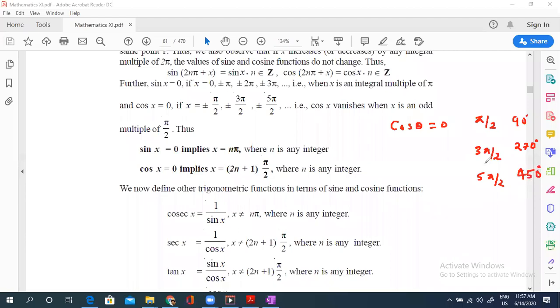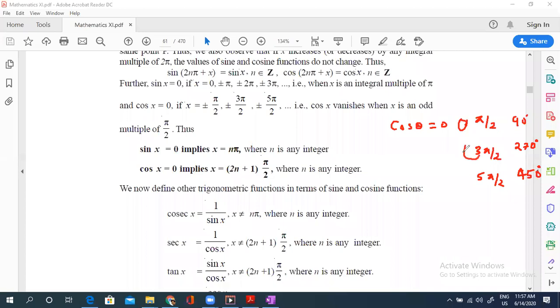Got it? So if you see this, pi by 2, pi plus pi by 2, pi plus 3 pi by 2. So this is the odd multiple of pi by 2.